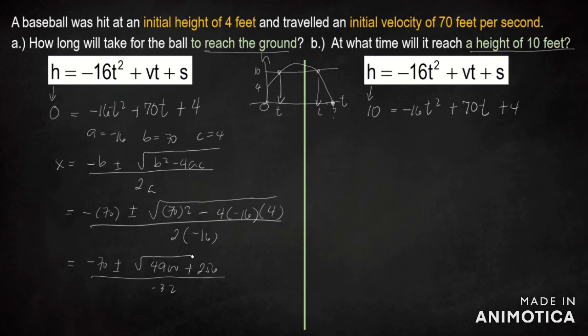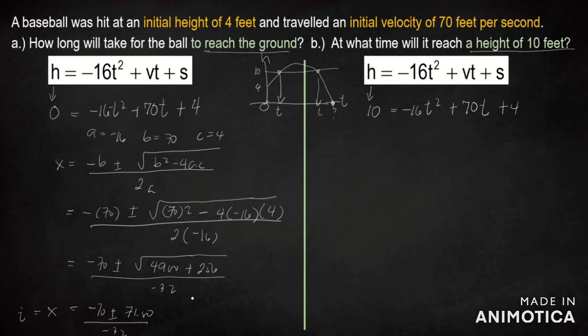Using a calculator to determine the values, if you have a natural display calculator, it would be quite easy to determine the values of x. So x, which is our t, is equal to negative 70 plus or minus 71.80 over negative 32.